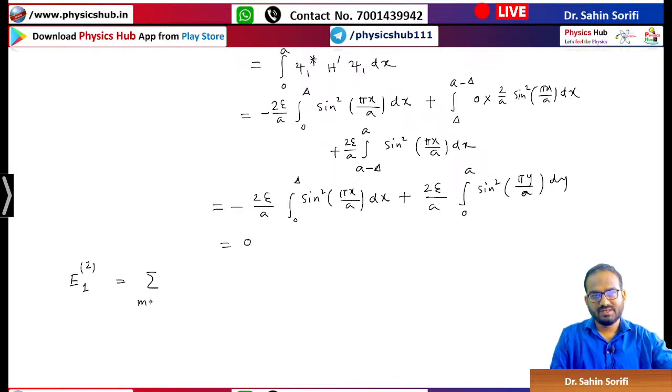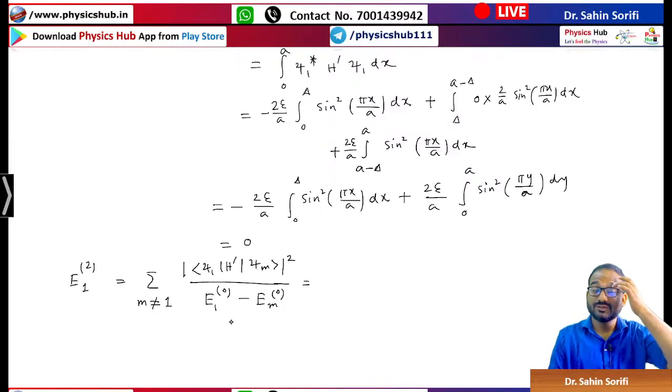So m not equal to n, where n is equal to 1. You see the formula: |<psi 1|H'|psi m>|^2 divided by E1^0 minus Em^0. Whatever term it gives, E1^0 means the ground state, and Em^0 means some higher state.